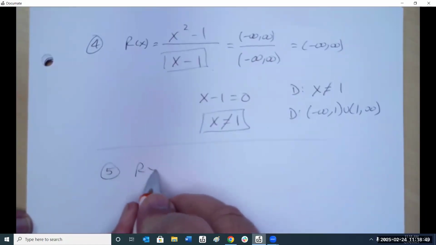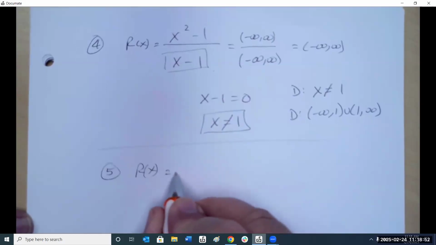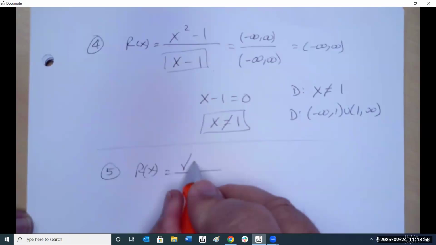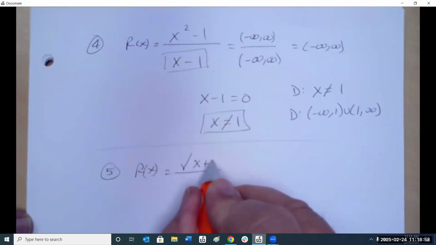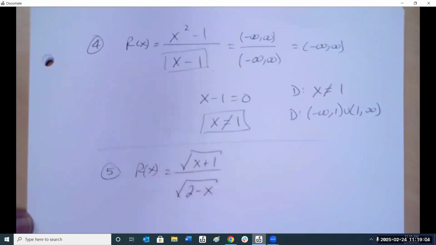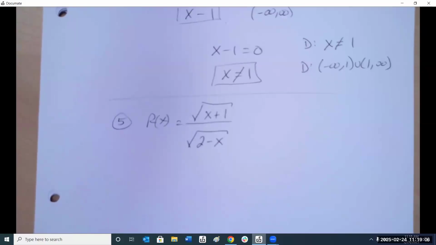Let me give you another one. I'll make this one up. That's the V, the absolute value.